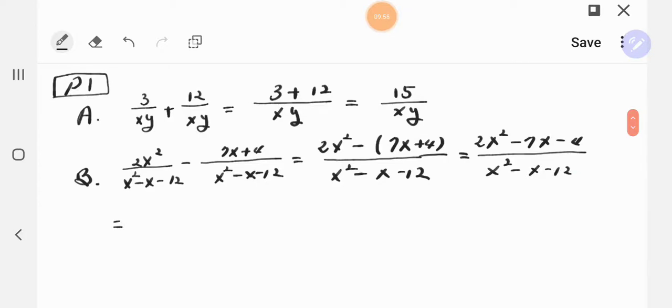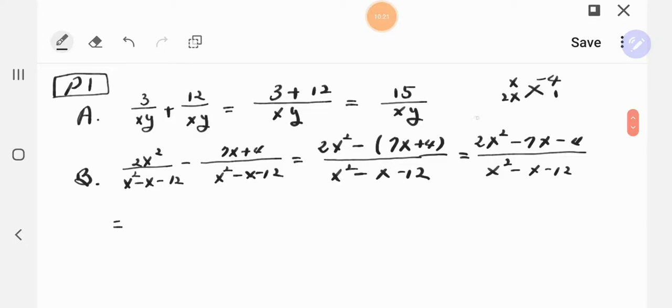Okay, and once we add or subtract, we have to simplify the numerator and the denominator so we can cancel out the common factors. From this, the numerator is x times 2x, and 4 is 4 times 1, and then we have to put the negative signs, so that goes on 4. Negative 8 plus 1 is negative 7.